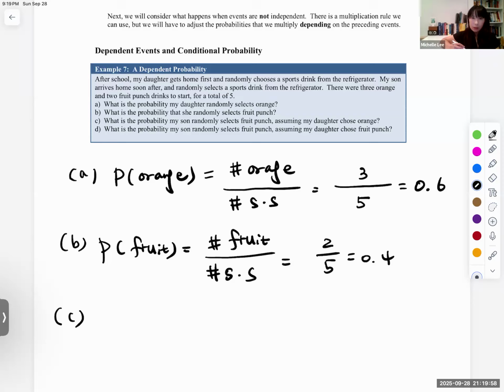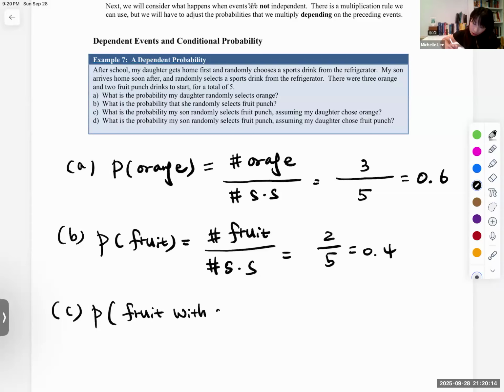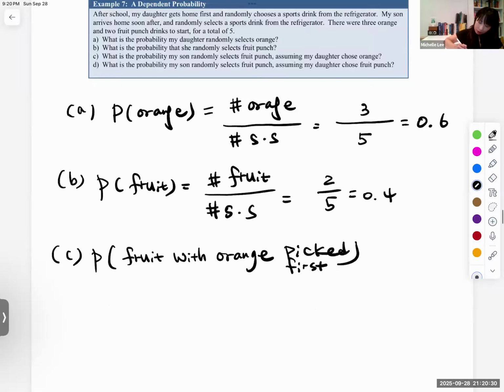Okay, this is hard to write. Fruit with orange picked. Orange picked first. How about that, right? Okay. So what is the number of fruit? Still 2?